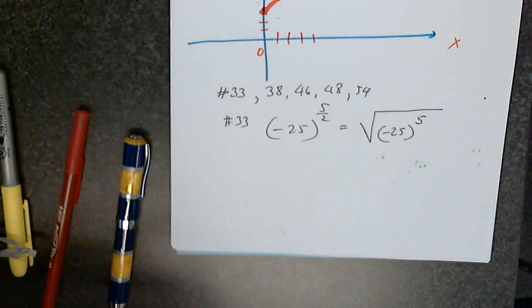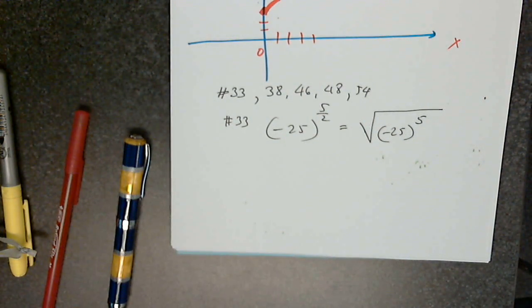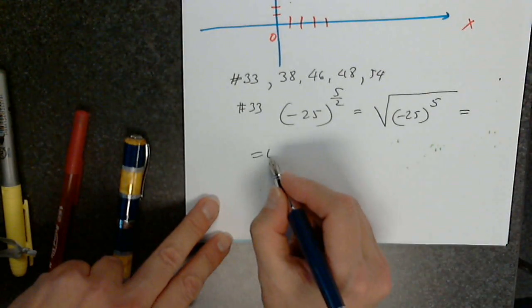Now let's think for a moment. When I raise a negative number to an odd power, what kind of number will I get? Good. Now the square root of a negative number is imaginary.